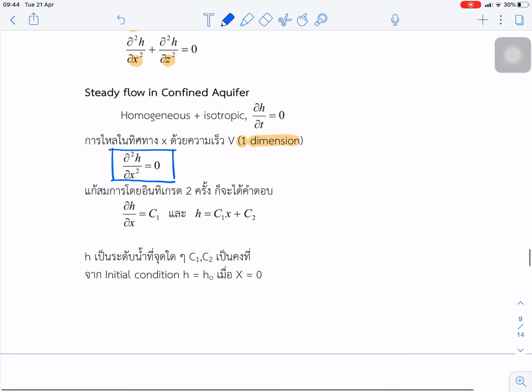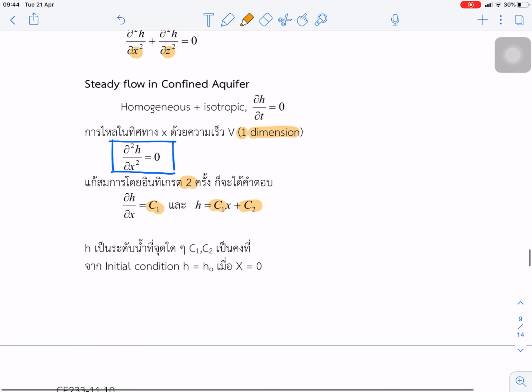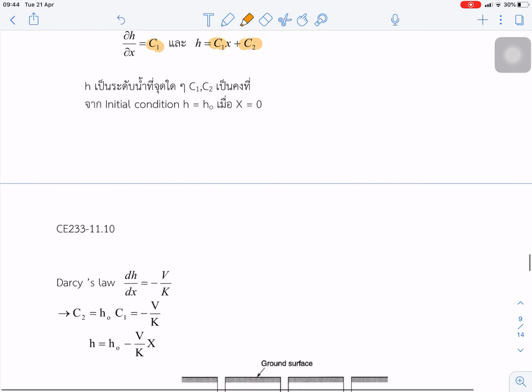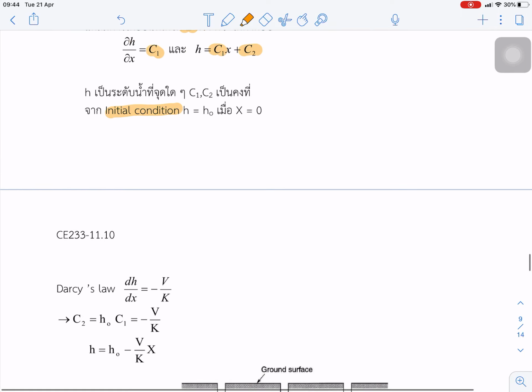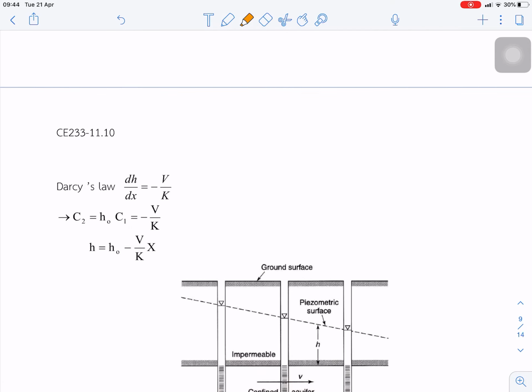We can integrate two times to get two constants, C1 and C2. With the boundary condition, when x is 0, h equals h naught, and using Darcy's law we can estimate C1 and C2, and finally we get the equation of hydraulic head as a function of x.